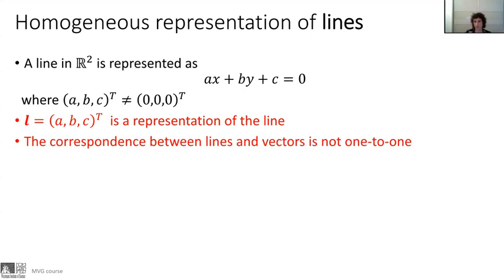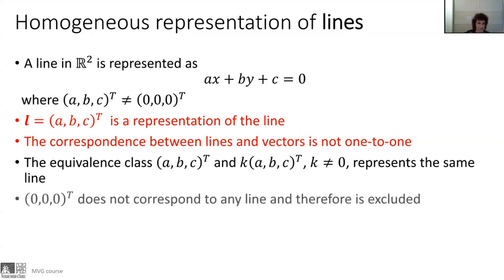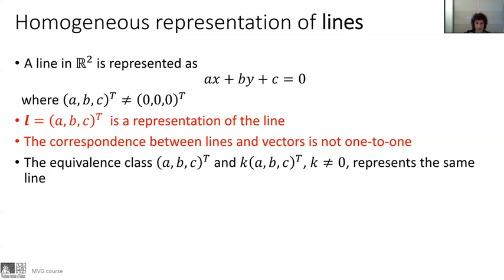However, the correspondence between the lines and the vectors is not one-to-one. There is an equivalence class such that if (a, b, c) is a line, then k times (a, b, c) transpose is also the same line, because if I multiply this equation by k, it still equals 0. So a line is represented by (a, b, c) and k times (a, b, c).